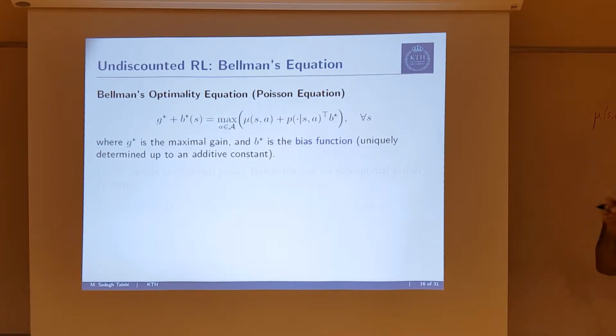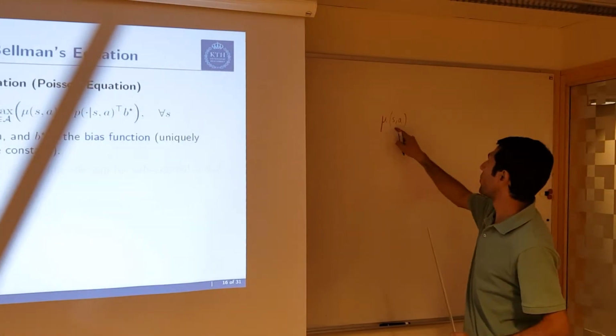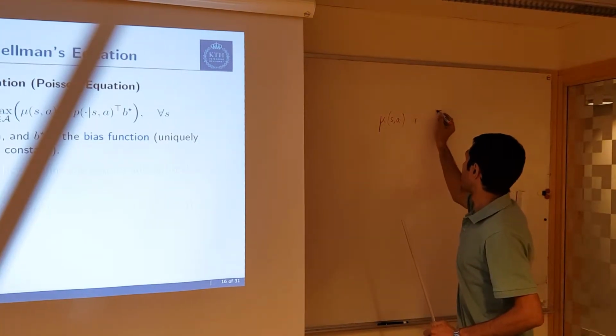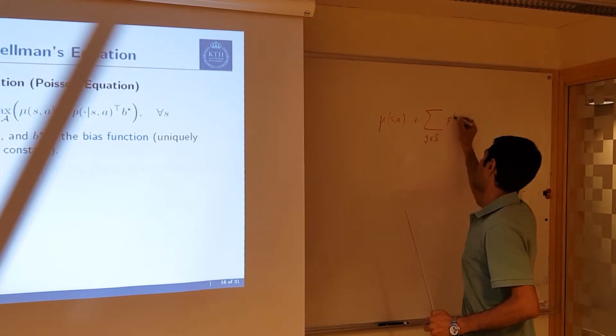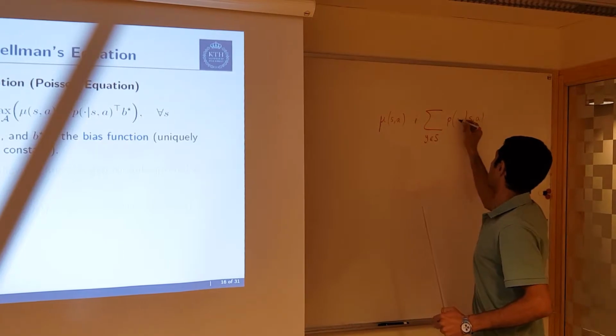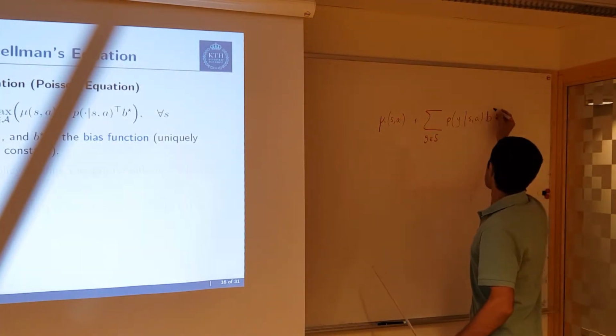So this is what you would get when you are at state S and choose action A, and action A could be suboptimal. It would be mu of S, A, plus you may transit to another state under action A, which happens with this probability, and you would have this offset, B star of Y.